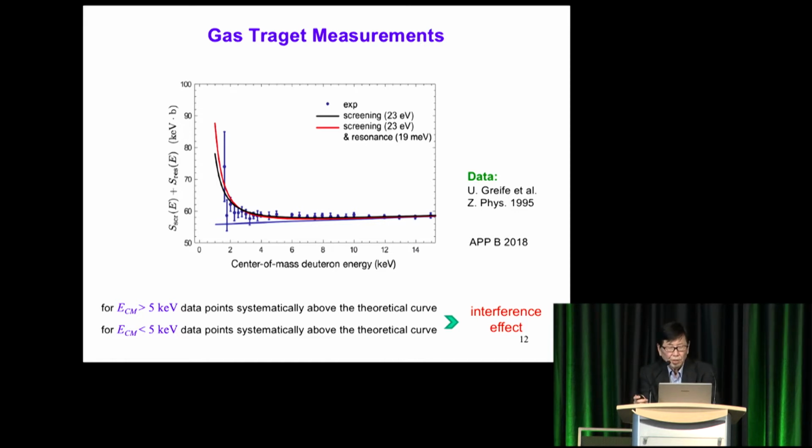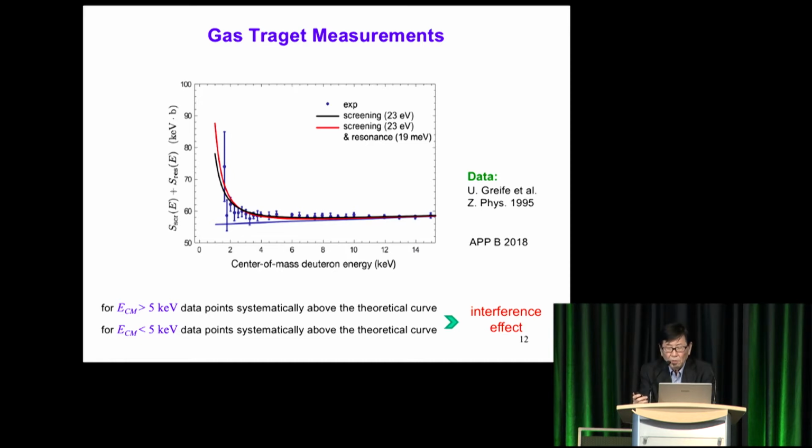The threshold resonance is also important for explanation of the experimental data of the normal deuterium dP measurement on the gas target. It was already reported in 1995. So this is the plot introducing the threshold resonance.